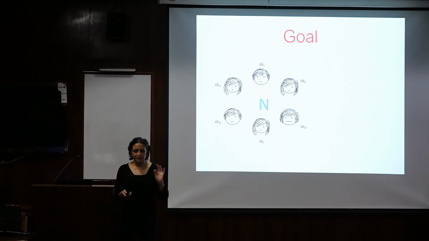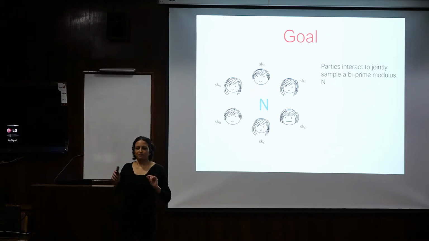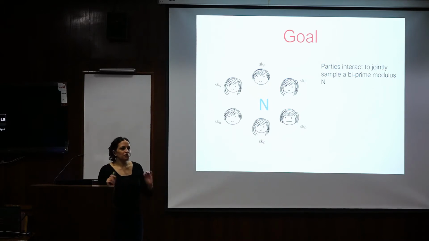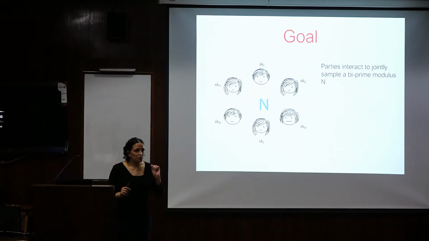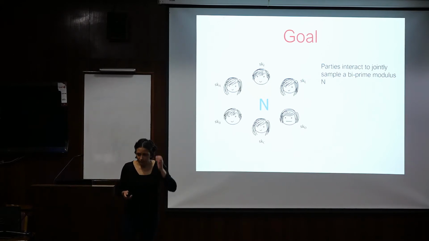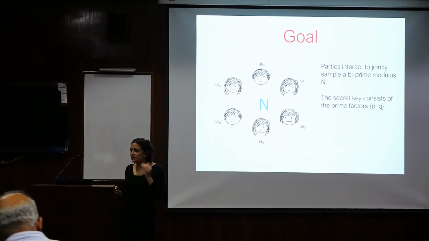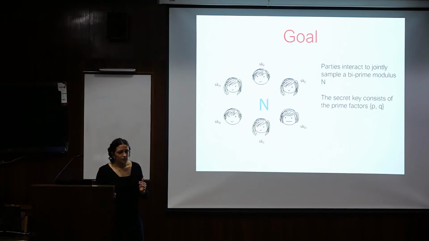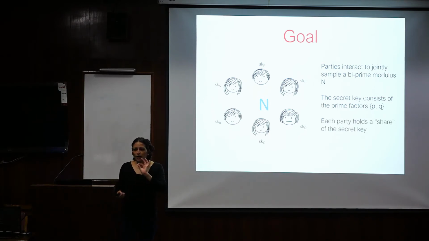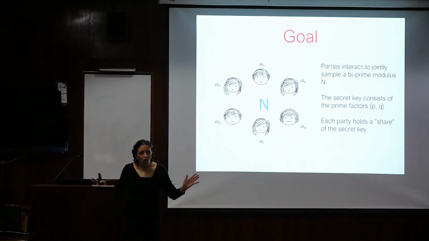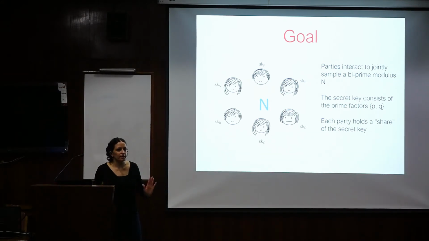We have a set of parties that would like to interactively and jointly sample a biprime modulus N. This is what we call an RSA composite, a product of two large primes, such that the secret components are secret shared amongst the parties, and no one actually knows the factorization. It is a secret. Only if all parties collaborate can they extract P and Q.